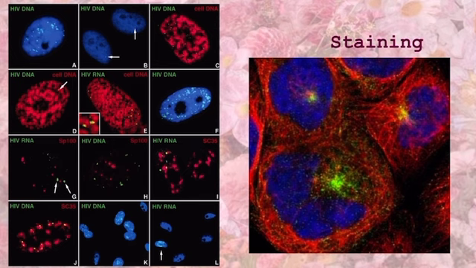The first one is immunofluorescence, which uses antibodies attached to fluorescent dyes to label viral proteins. And the second is flow cytometry, which includes the staining and sorting of variants based on the surface antigen.